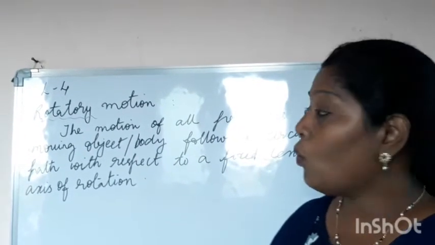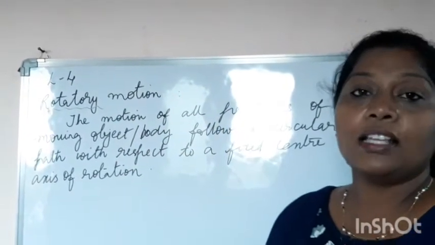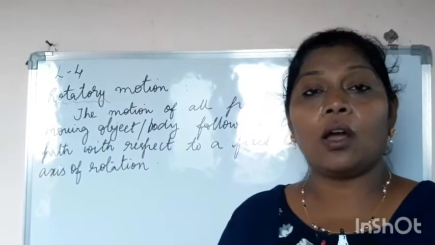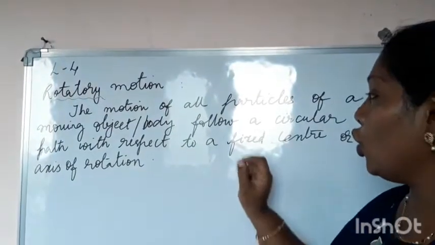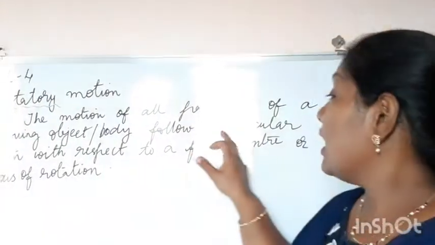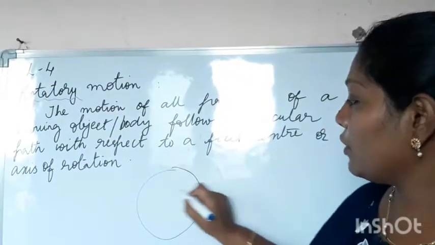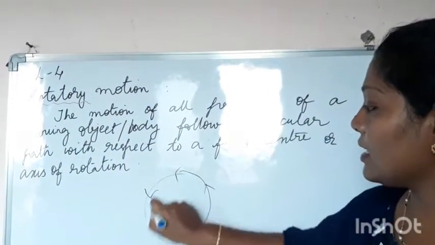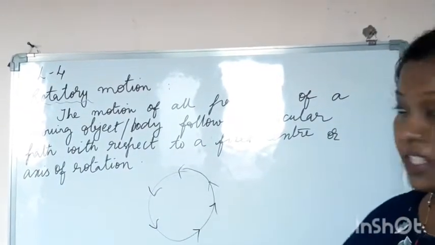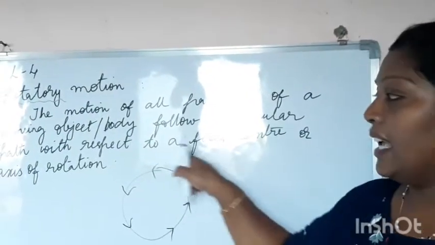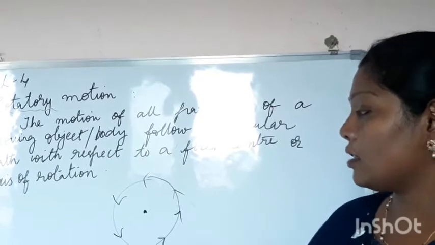So children, what it is saying is the motion of all particles. Whenever we take a body, all the particles present in that body have to follow a circular path. So what is a circular path? If you take it like this, this is a circular path. All the particles of this body have to follow a circular path with respect to a fixed point.